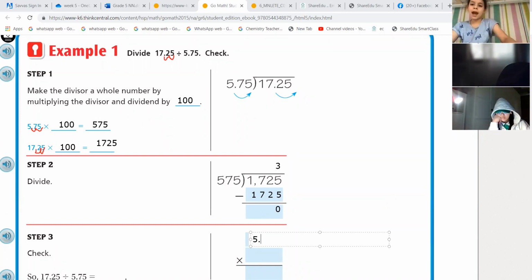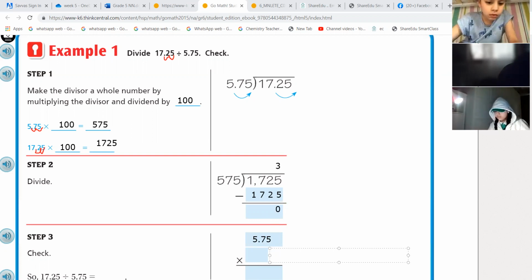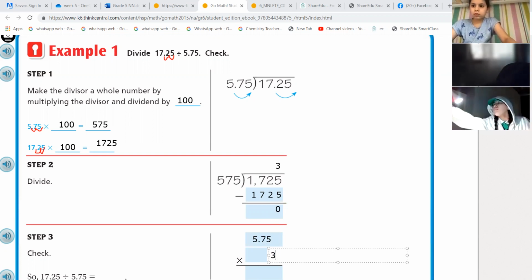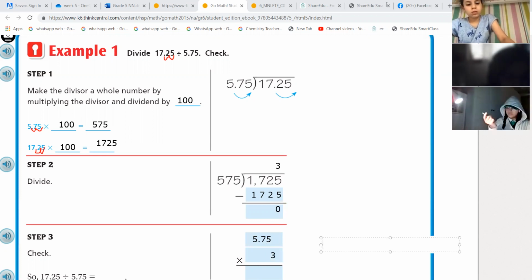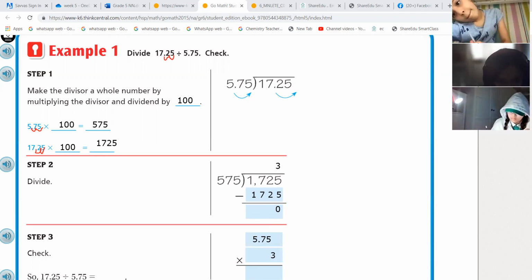Girls, checking is not that important to learn. You just multiply the quotient and the divisor, and you must get the dividend in the answer. Till here, please copy it.